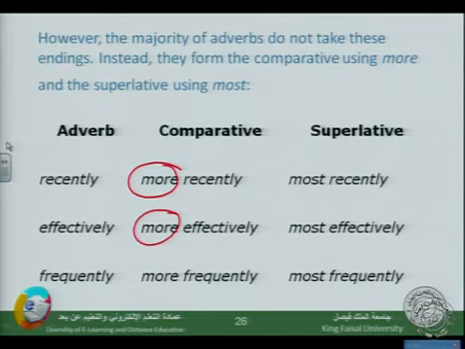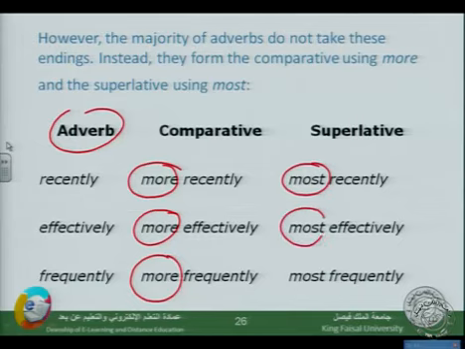Also effectively, more effectively, frequently, more frequently. These are all adverbs, and we use the same rule as comparative adjectives with three or more syllables. But if you want to make a superlative form of these adverbs, you need to say most recently, most effectively, and most frequently.